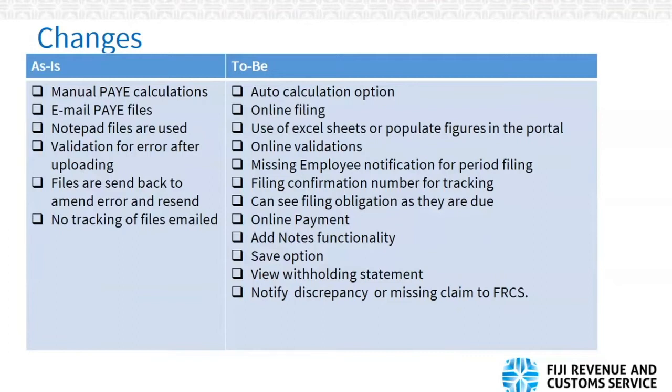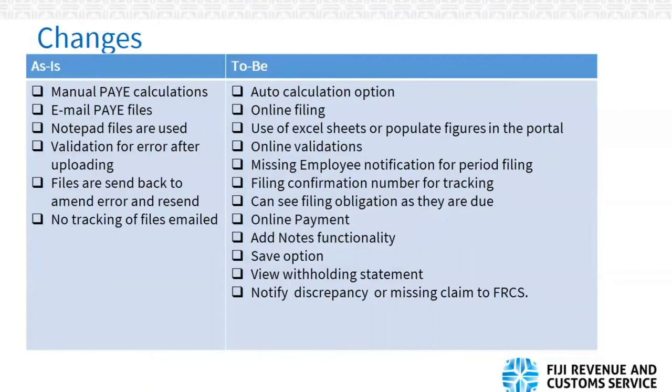Other changes: in the as-is, we are using a notepad file. If you are currently doing your PAYE return, you must have seen a notepad file. It is a file that is generated after the Microsoft Access notepad generator, and then that notepad has all numbers which is sometimes kind of hard to understand what those numbers indicate.